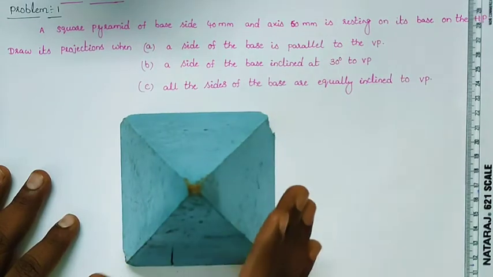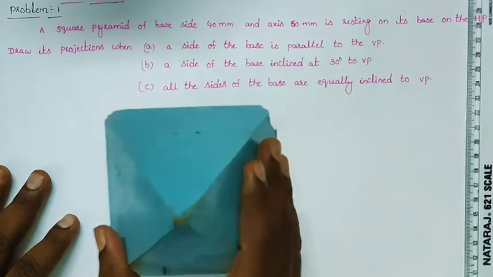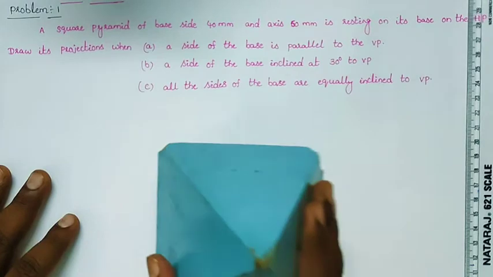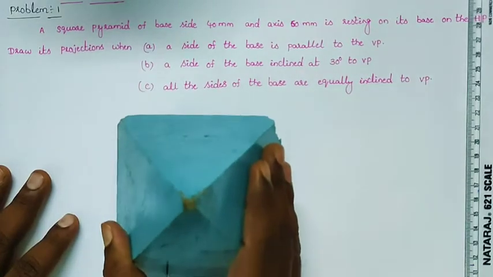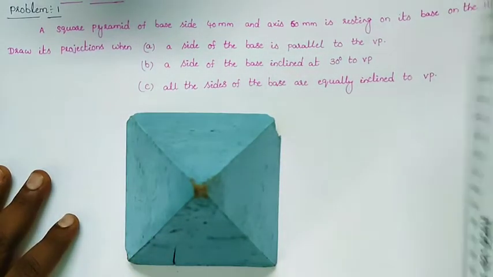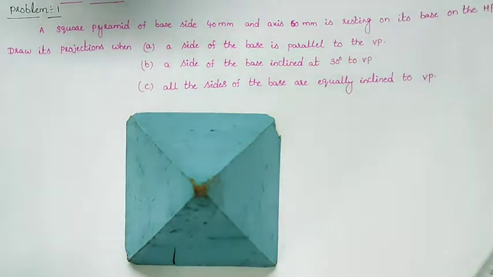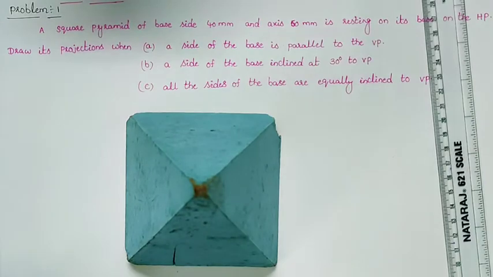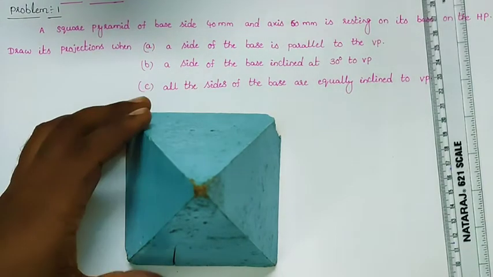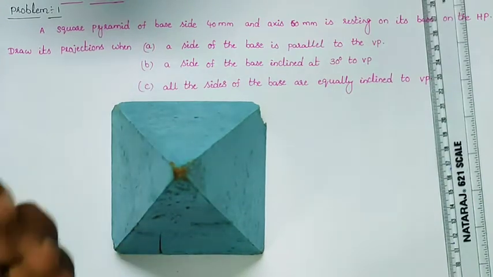Suppose you assume that whenever the square pyramid has its base on the HP, the axis is perpendicular to the HP and parallel to the VP. By seeing the position of the base, we can derive the position.